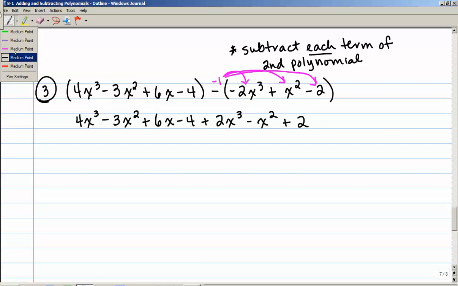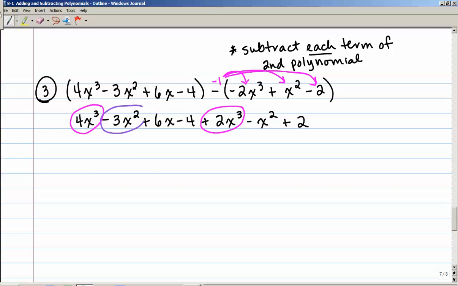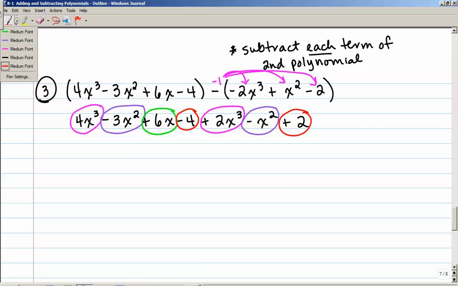Now I just want to do as I did in the two previous examples and combine like terms. So there are my x cubes, there are my squareds, and I think I have just one term with an x, and then I have two terms that are just numbers. So that's going to give me a 6x cubed.